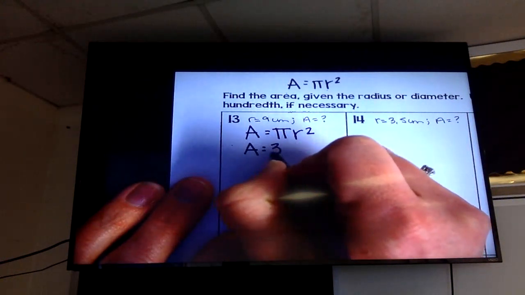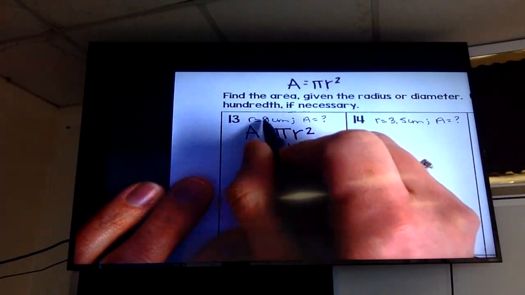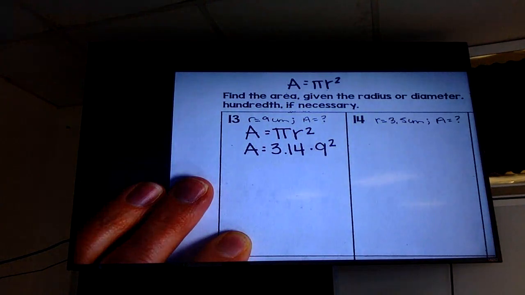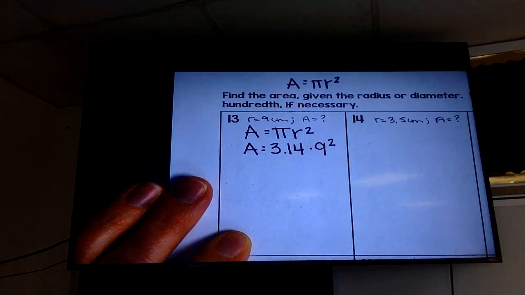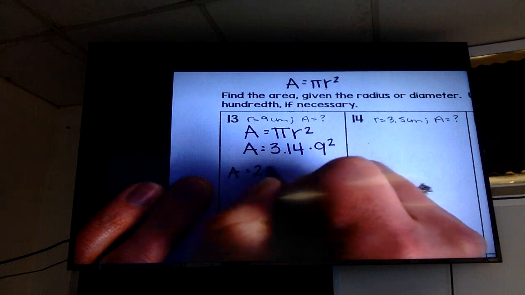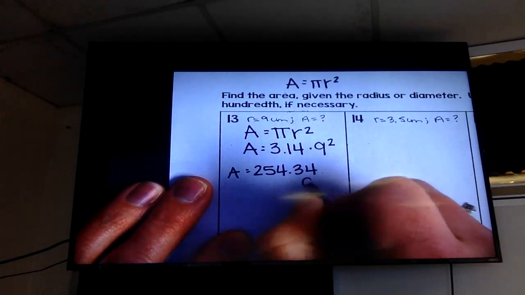I know pi is 3.14 times the radius. Oh, yep, they gave me the radius. So 9 squared. So I'm going to put all that into my calculator. 3.14 times 9 squared. I find out the area is 254 and 34 hundredths centimeters.